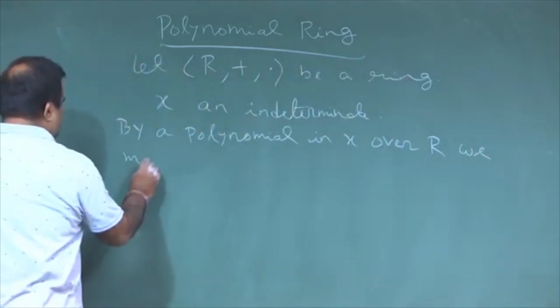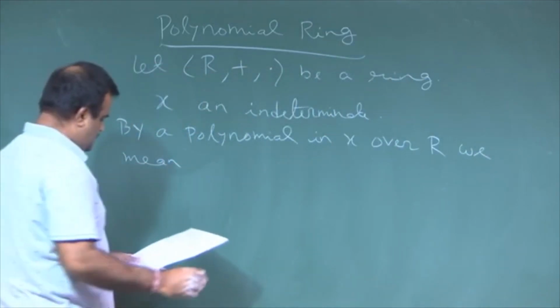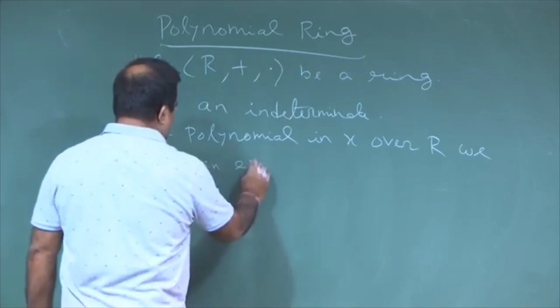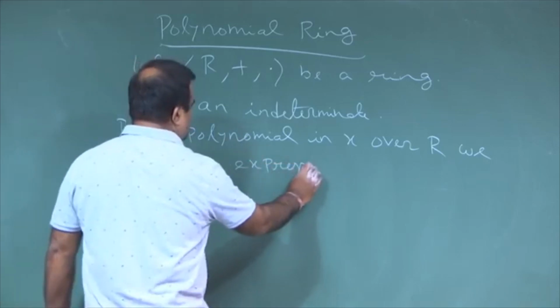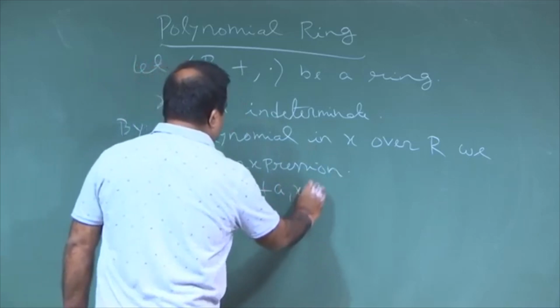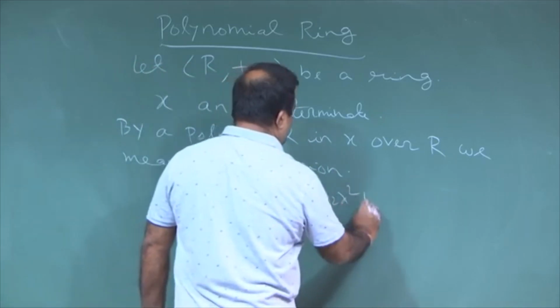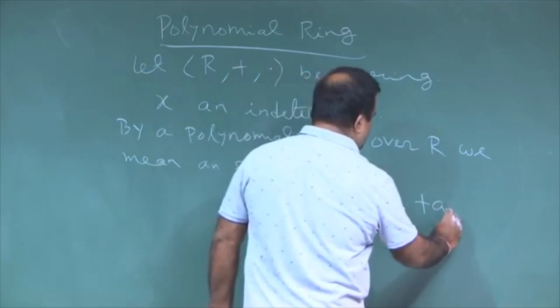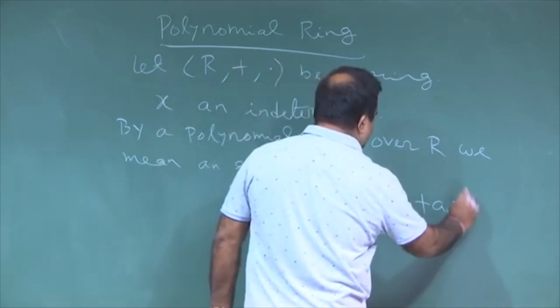We mean an expression like this: a 0 plus a 1 x plus a 2 x squared plus dot dot dot a n x to the power n.